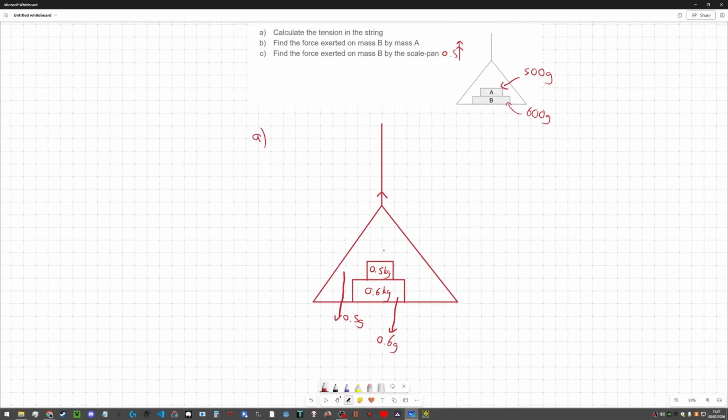We know that the string is being held up, so this upwards force must exactly counterbalance these 2 downwards forces. So this upwards force is 0.5g plus 0.6g, which is 1.1g, which, if you put that into your calculator, you get 10.8 newtons.